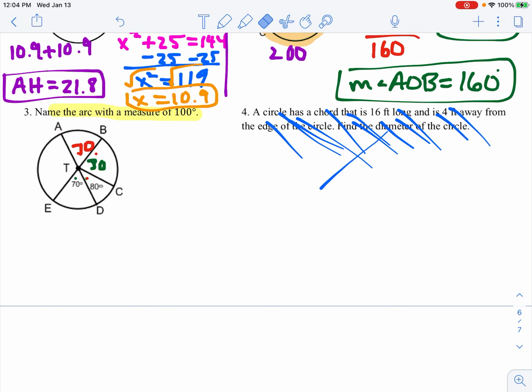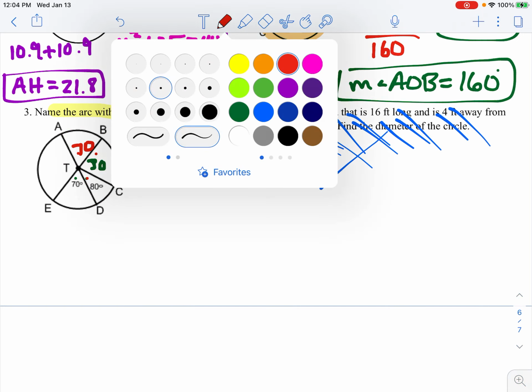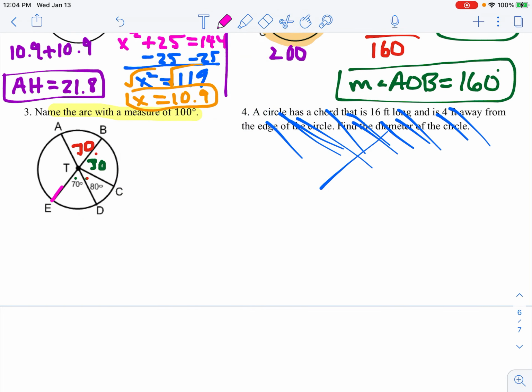Now, technically, I could fill in my missing angle on the last piece if I wanted to. If I were to trace this line and cut my circle in half, I know that this half of the circle has to add up to 180. Well, if I have 70 in there, 180 minus 70 tells me this piece was 110. So I can technically fill in all the angles.